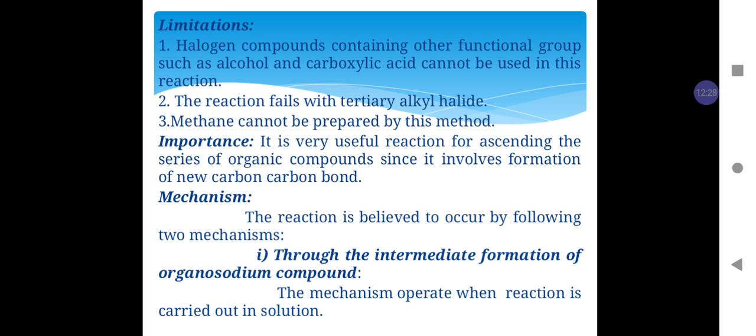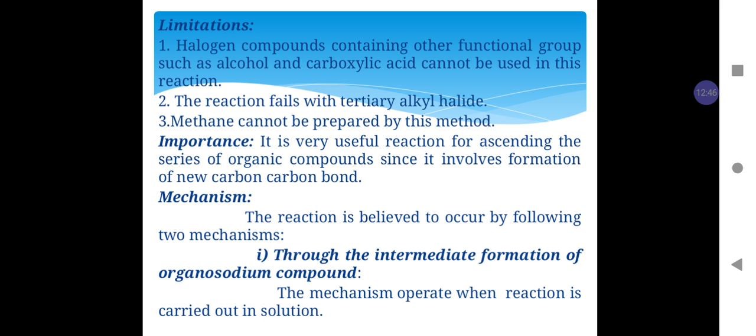Now we will discuss the mechanism of Wurtz reaction. The reaction is believed to occur by two types of mechanism. The first mechanism is through the intermediate formation of an organosodium compound.